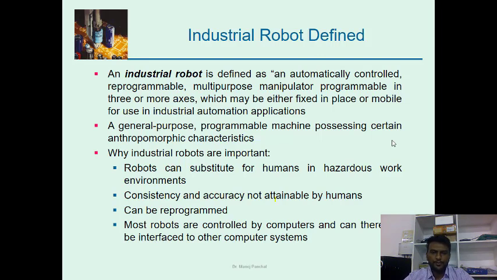So what is a robot? The first thing is the robot's construction is based on the human anatomy. Anatomy means the structure of the human body, right? So when we compare the robot with the human body, there are different joints here. Our body is connected to the shoulder with a joint.